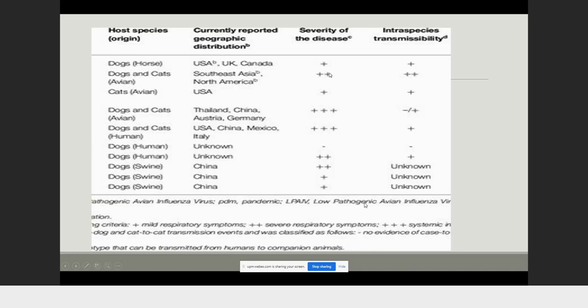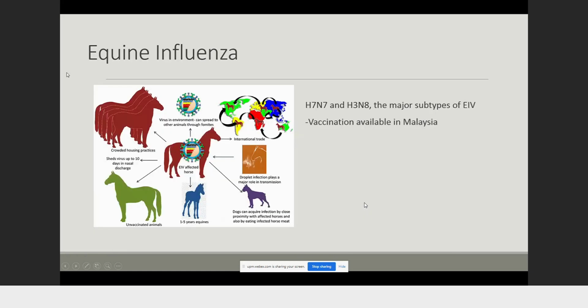Okay, so these are examples of influenza virus detected in dogs and cats from the UK, US, Canada, Southeast Asia, and they show the severity of the disease, whether it is causing just mild infection or severe respiratory syndrome. It also states the origins of infection from human, from swine, and equine influenza is also one of the infections occurring in equine.